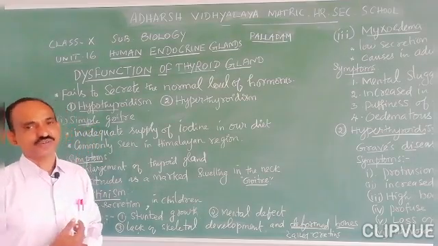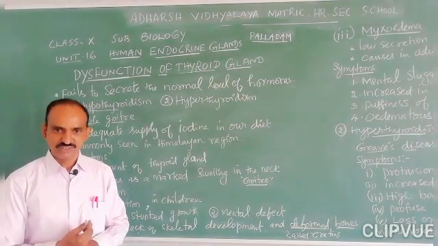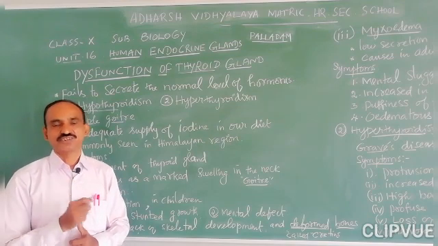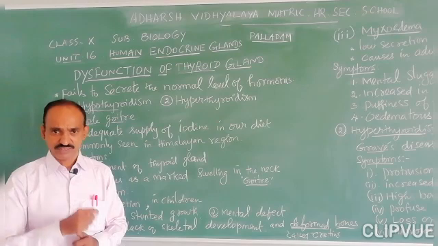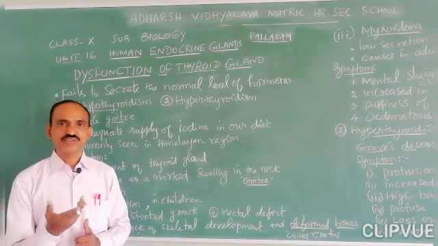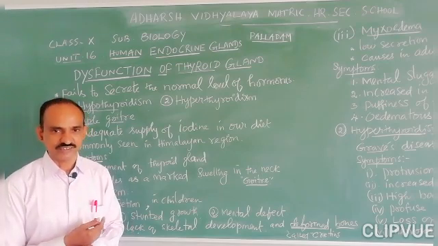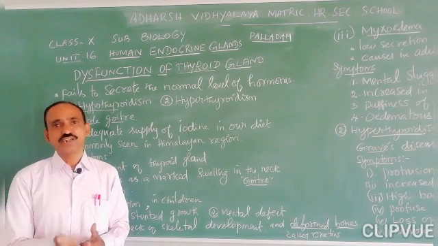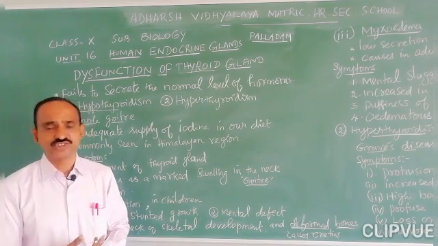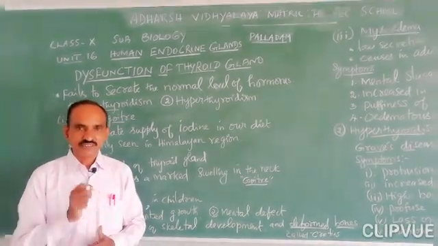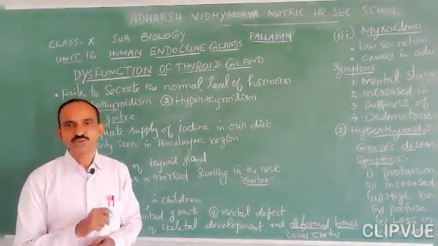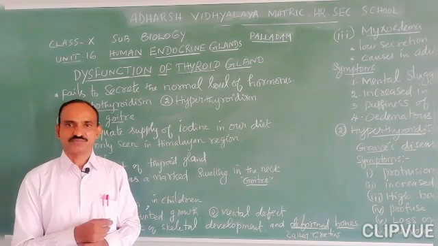What we have to do is take the right kind of food, a diet which contains iodine. That is why we are using iodized salt. It doesn't mean that one day we use more iodized salt and for 1 week we don't use it at all. Not like that. Normally we have to use it daily in our diet.